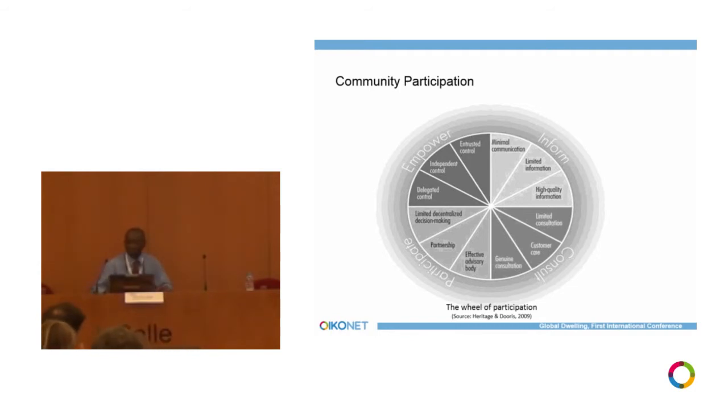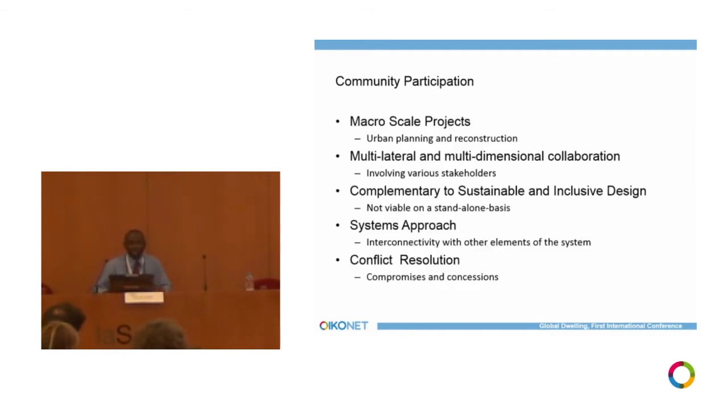All of these elements can be applied in various degrees to achieve community participation in a housing project. In a nutshell, community participation should be thinking in terms of a system, which means if you're trying to have a new project in a new urban setting, you need to consider that there are different elements and different participants, different actors.